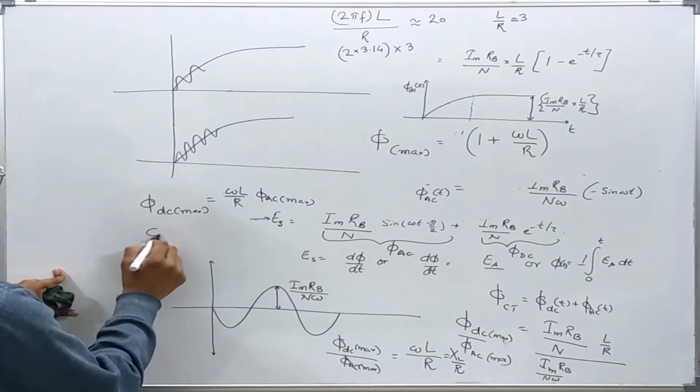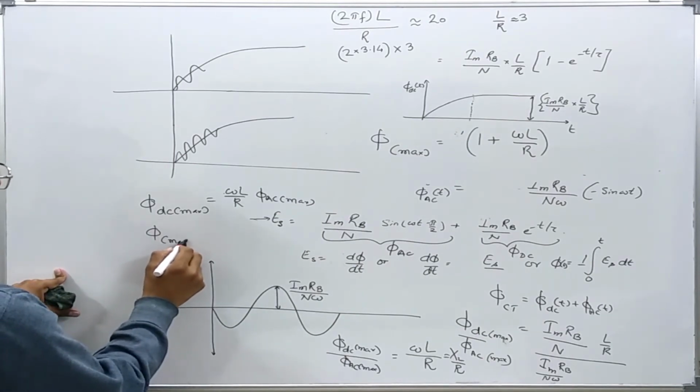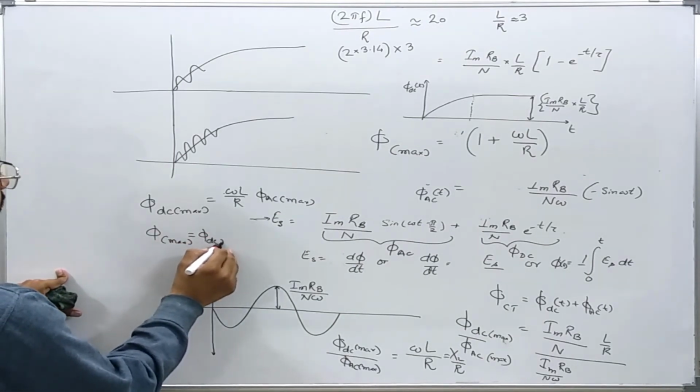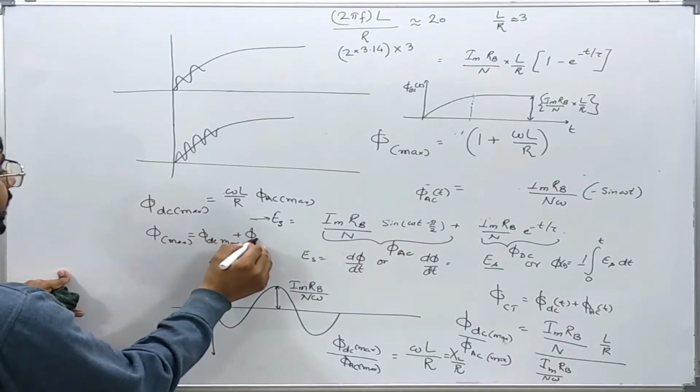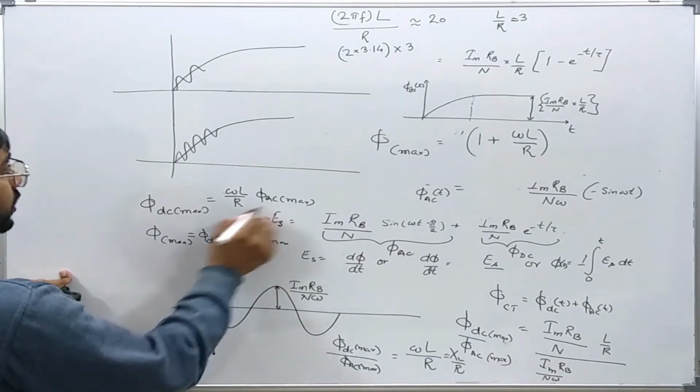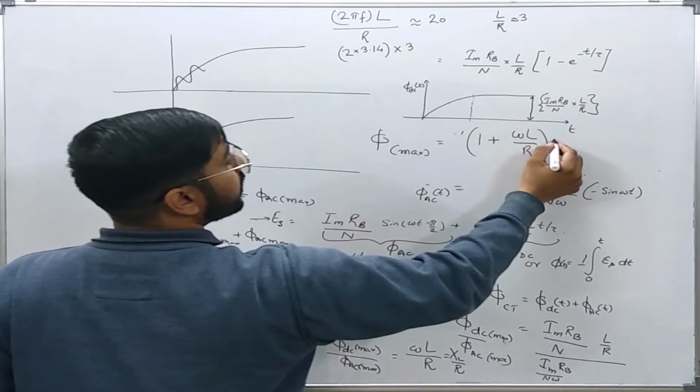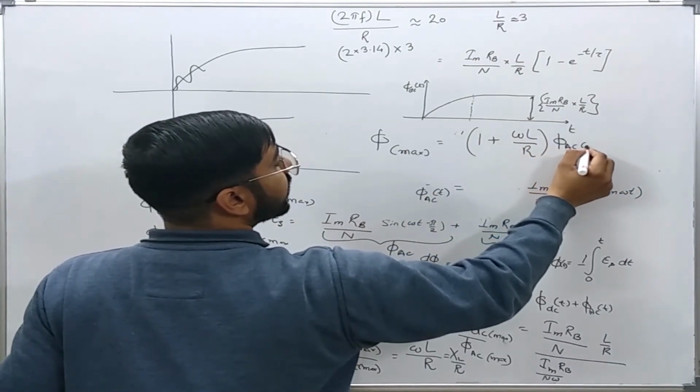So I can write phi max to be phi DC max plus phi AC max, and I can find this value out to be a multiple of phi AC max.